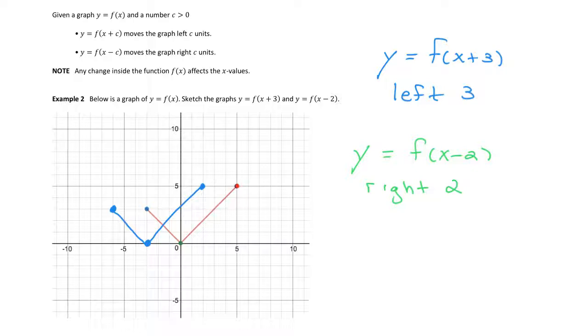I'll start with this point here. The x value goes right 2 places, so it ends up at this spot here. This point goes right 2 places. And this spot goes right 2 places.